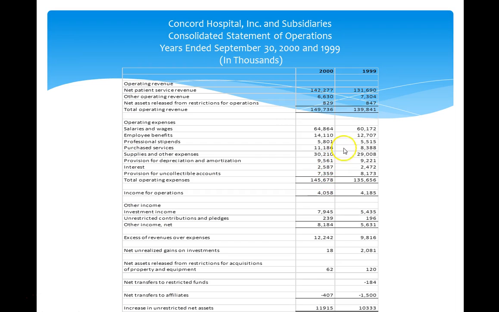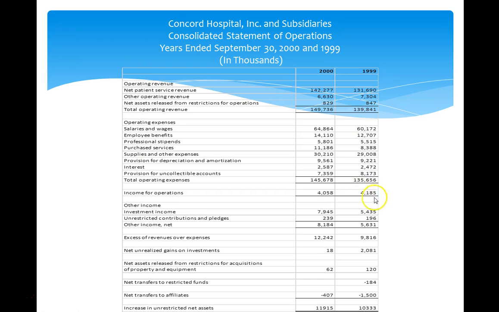And so major differences here we can see really varied from 4.7 million under salaries, another 1.5 million under employee benefits, and almost 3 million in purchased services.